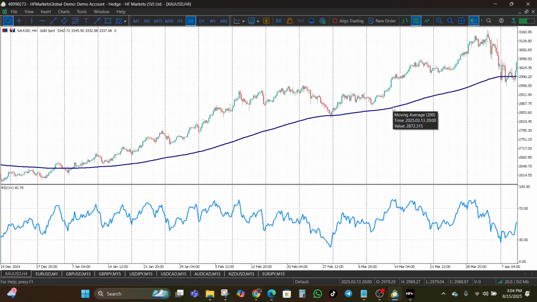And then you could say that if price drops below the moving average, that will be a factor to exit your trade, even if it has not yet gotten to your take profit.